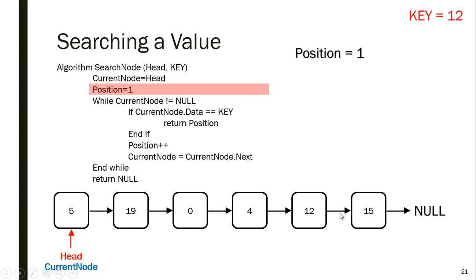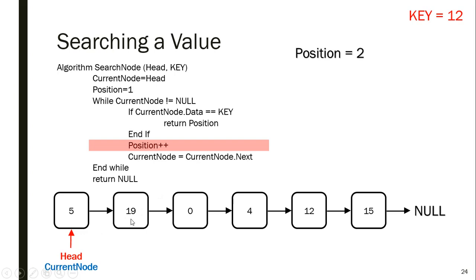It will reach the end of the list. So while current node is not equal to null, and we know this is not null because it's pointing towards the node with 5, we will compare it. Current node dot data is 5 and key is 12. So it will not return the position because the condition is not true. Position will be incremented.